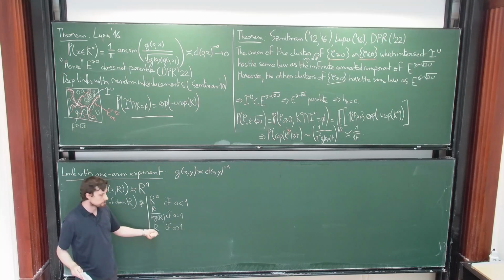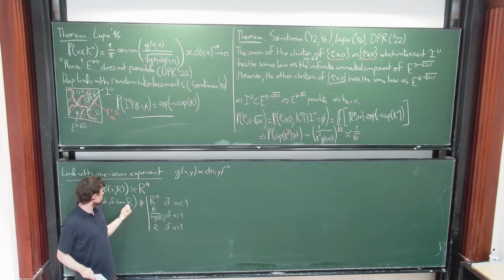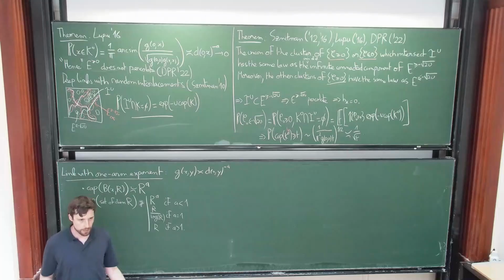So it gets blocked at this r here. But obviously it needs to also be smaller than the capacity of a ball, so it cannot be larger than r to the a. So you have this effect where which wins between r to the a and r depends on how big a is, and you have this kind of critical behavior when a equals 1, where you have an extra log appearing in the behavior. Okay?